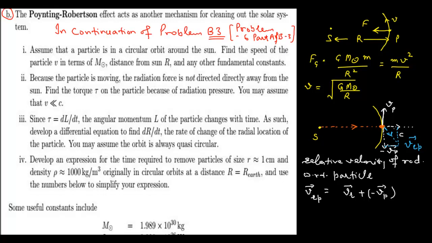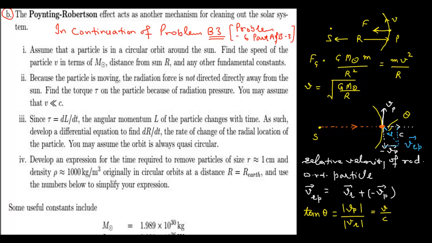Now if we take this angle as theta, so from here we can write tangent of theta is equal to perpendicular by base, so it is Vp divided by VR. Now let the velocity of the particle, its magnitude, be V, and the speed of the radiation be c.